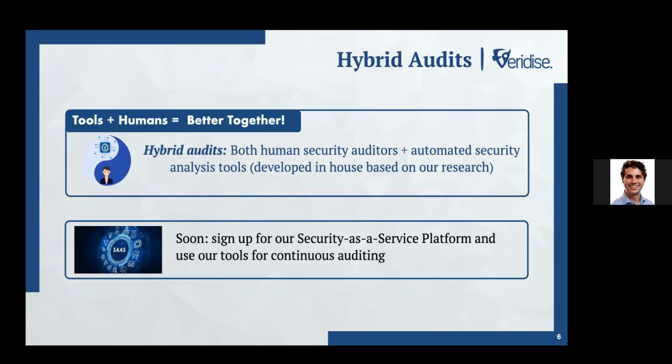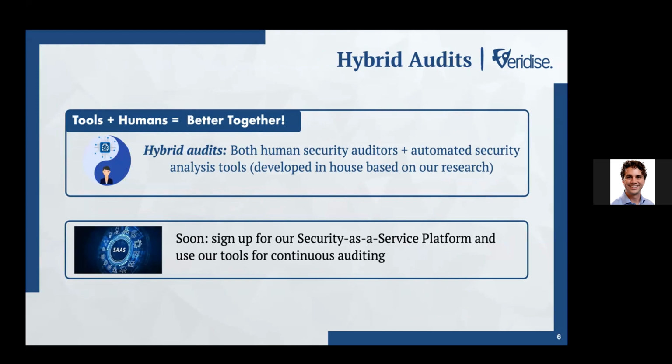What's really helped us along the way has been this approach with hybrid audits. One of the things we really try to do here at Veradice is to augment our human auditors with as many security tools as possible, to try to get full coverage and improve the overall security guarantees we can provide. Eventually, this is something we hope to integrate into the development process as well.